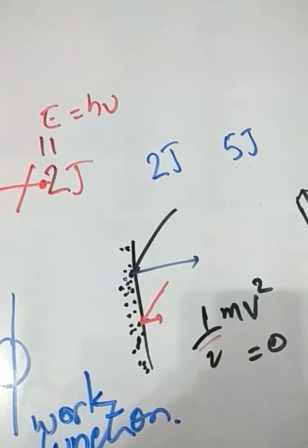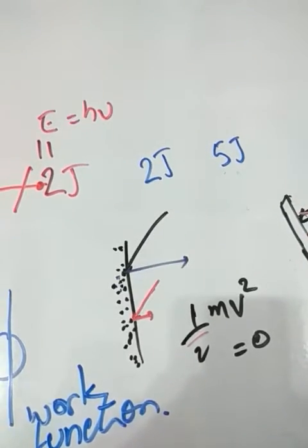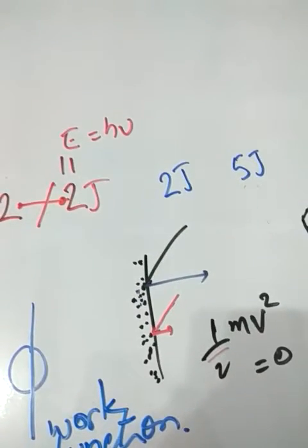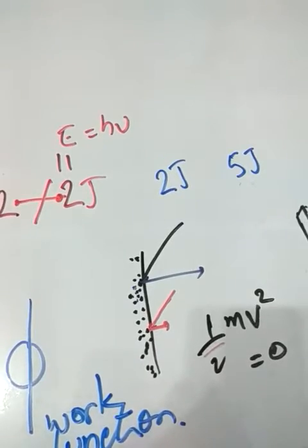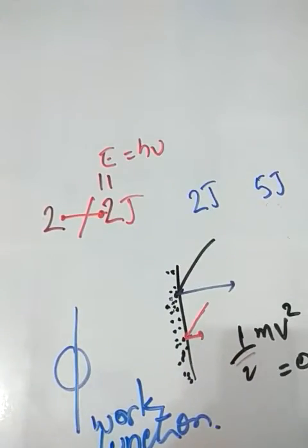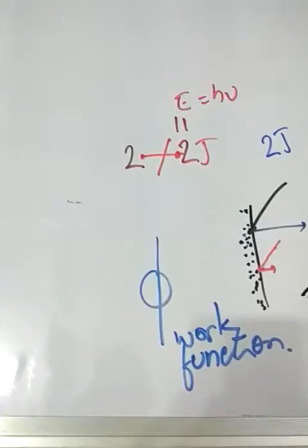It does come out generally, but it may get all wasted in the collisions itself. So this is the third point, that it may never come out because it may get wasted in the collision.